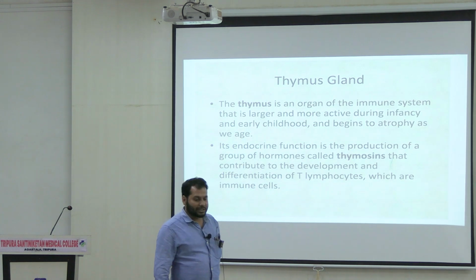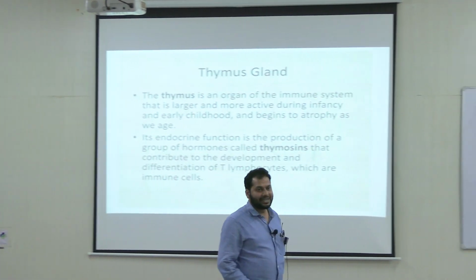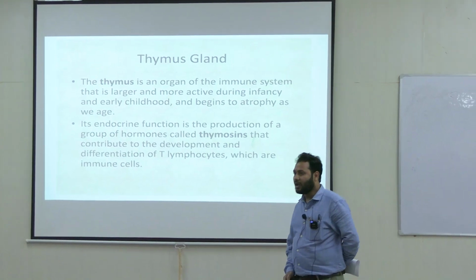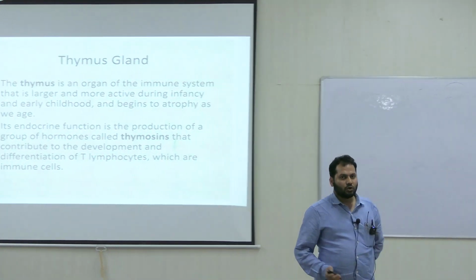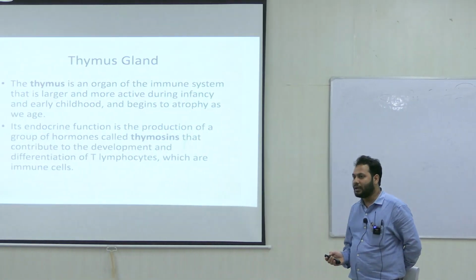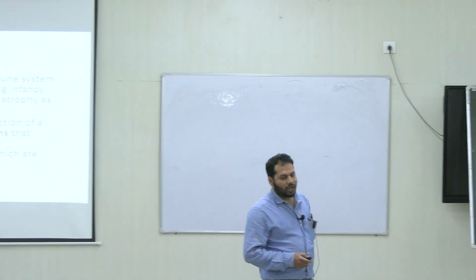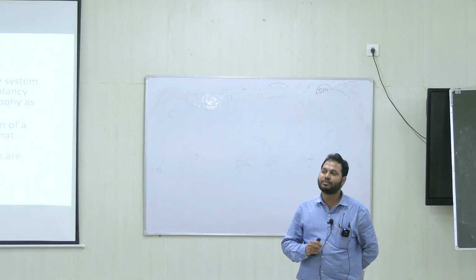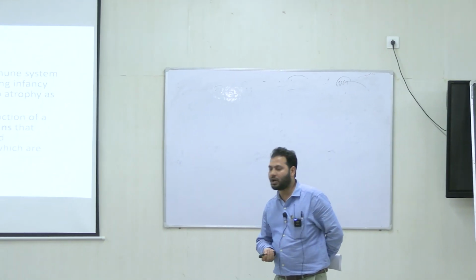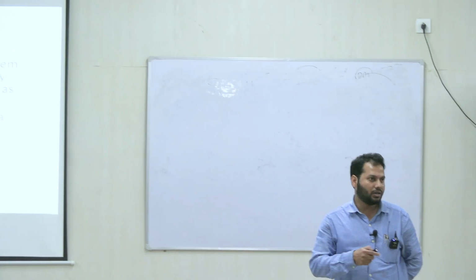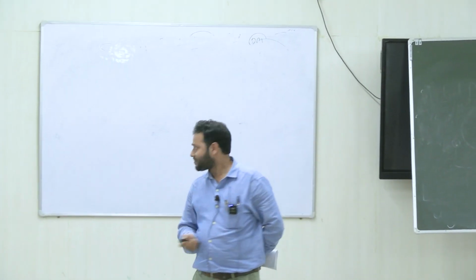Now see, the next important part of today's discussion is the thymus gland. Though it is mentioned here in the endocrine section, we have already known the thymus, which is explained in another part of the curriculum, I think the circulatory system.